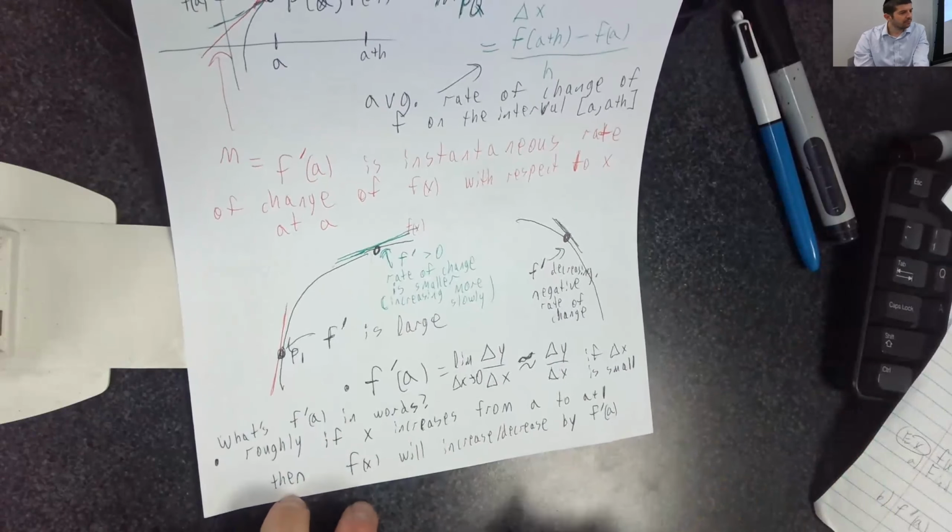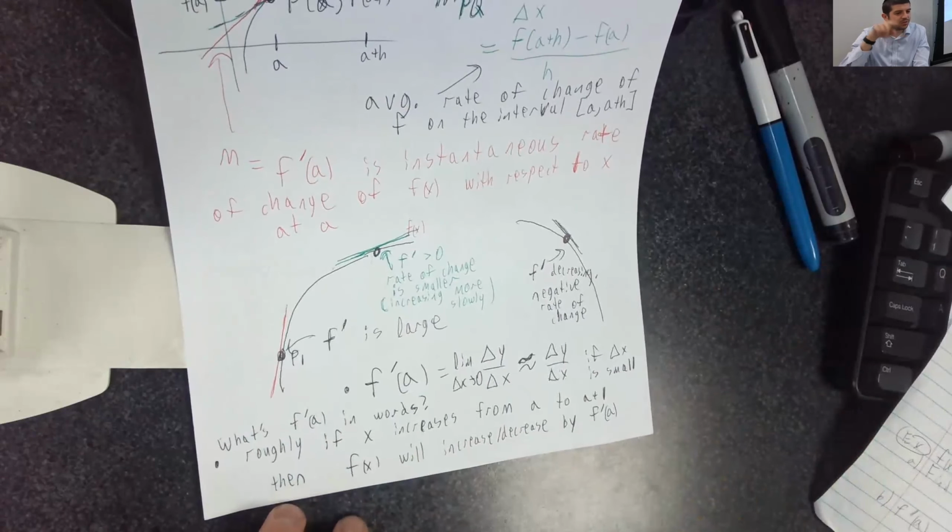Okay, so f prime of a is describing how much the function will change. So if we move from x equals a to x equals a plus 1, how much will the y values change? Right, and they're going to change by f prime of a, whatever the slope is.